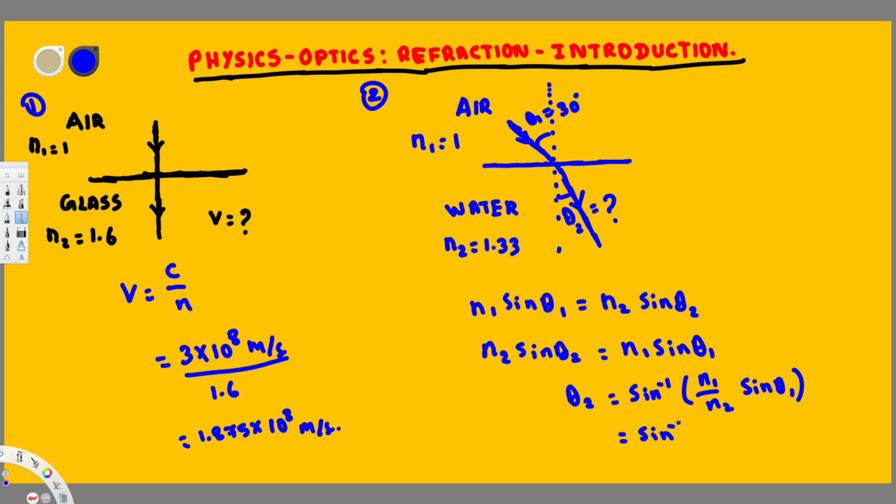Sine inverse, n1 is the air's index of refraction, that is 1, and the index of refraction of water is 1.33, and sine 30 degrees, right? The angle that it makes with the normal is 30 degrees, so that's going to be sine 30. Now if you calculate this, you should get 22.1 degrees. So this is going to be the angle of refraction, right?